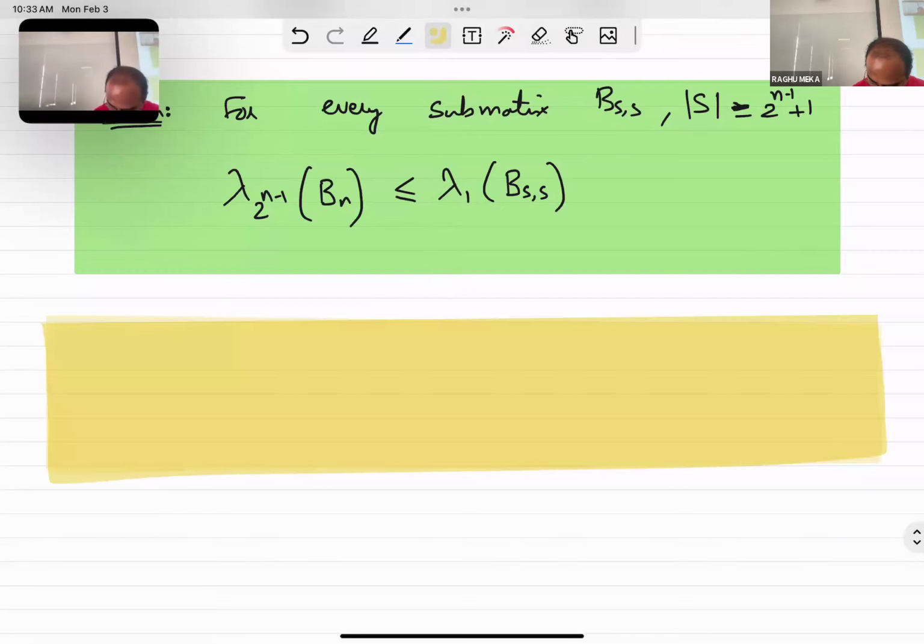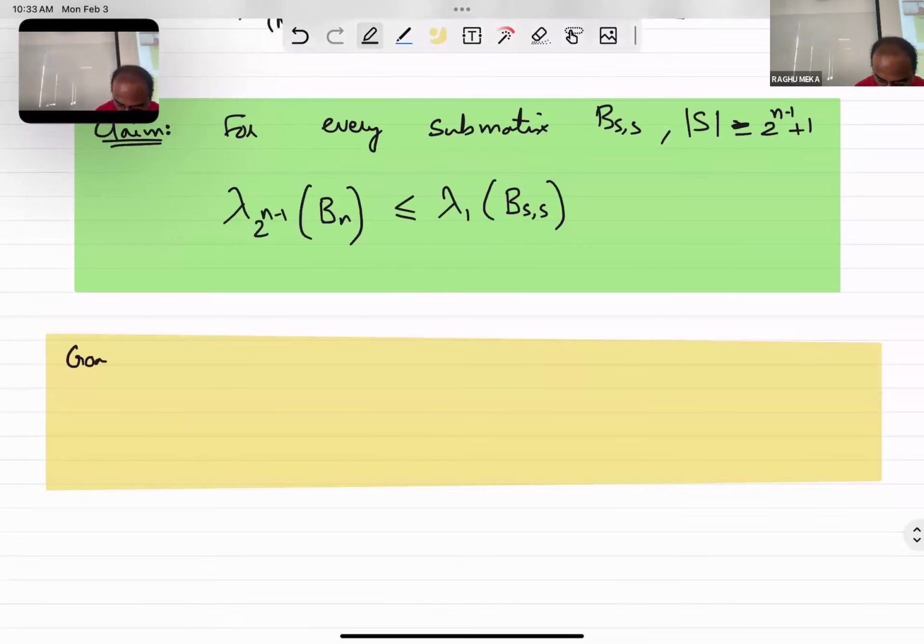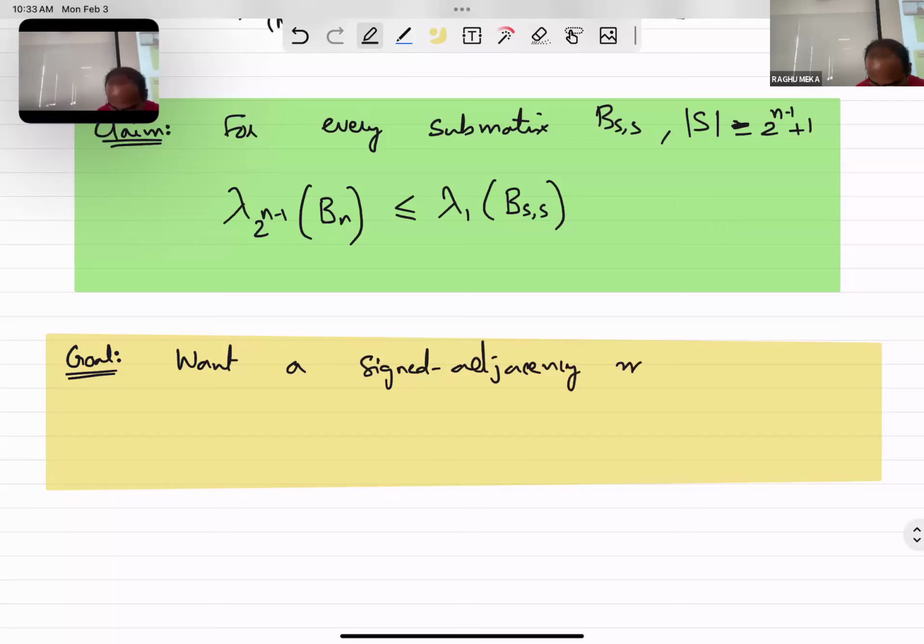Any suggestions? So our goal was to find a signing such that we could prove the lower bound on the max degree. Now the goal can be rephrased or simplified a little bit. We want a signed adjacency matrix such that what happens? It's a 2 to the n by 2 to the n matrix.